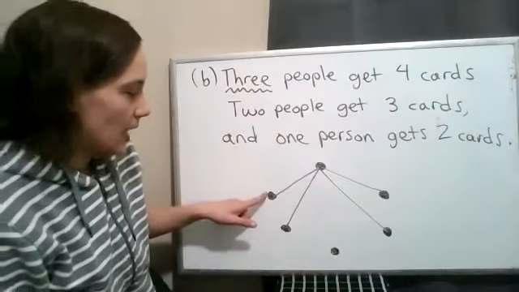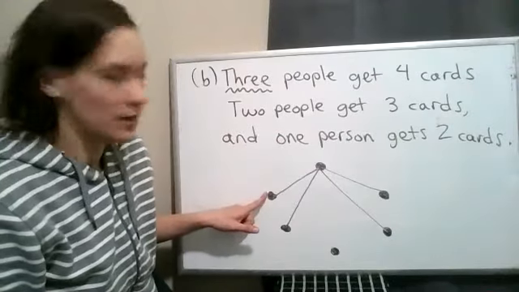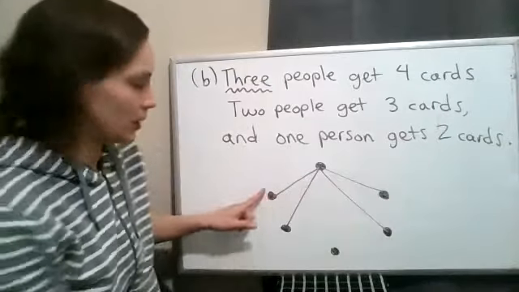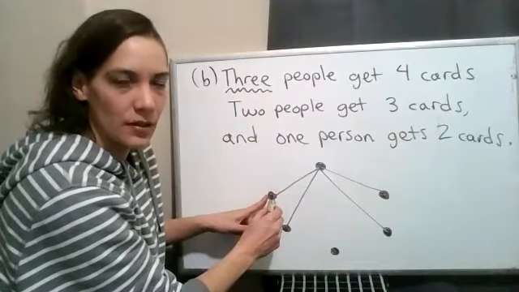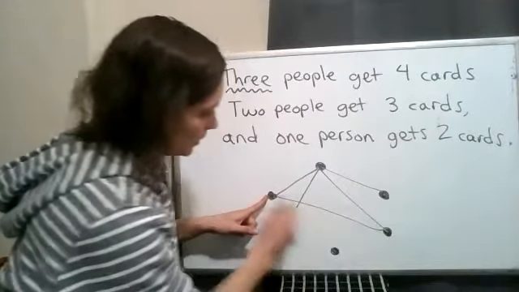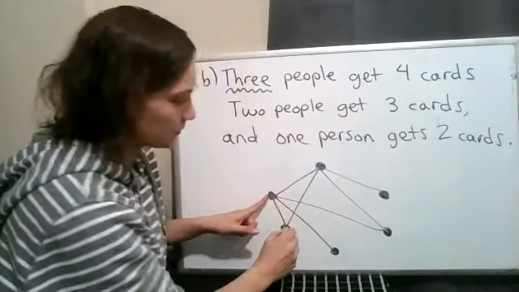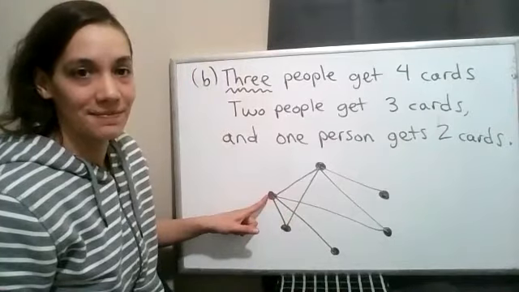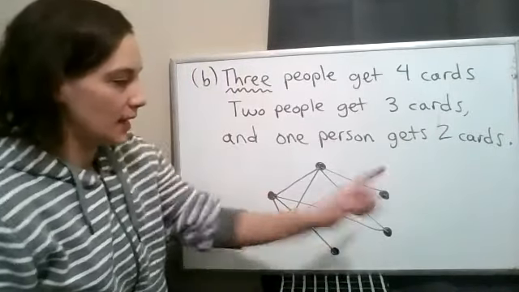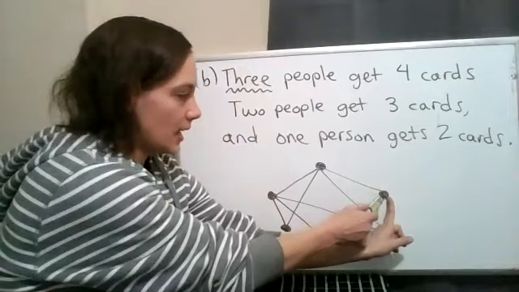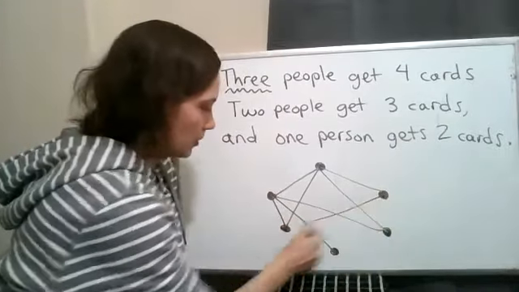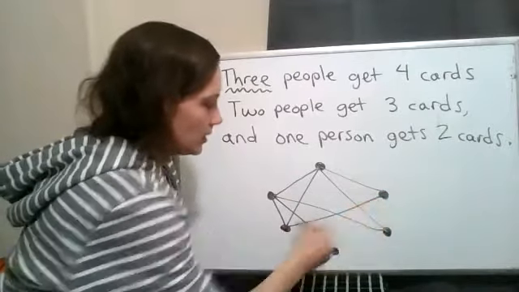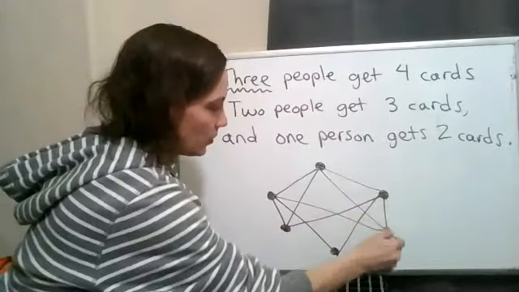Okay, so I had the other 4 cards go here and here. So we're going to go 1, 2, 3, 4. And on this side, I skipped this dot and went 1, 2, and then now we're at 3, and that's 4.